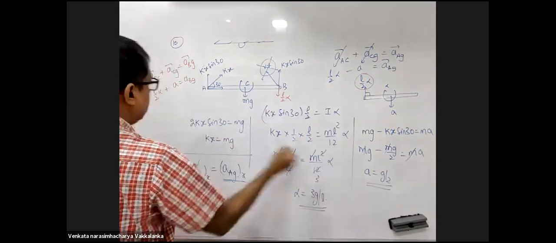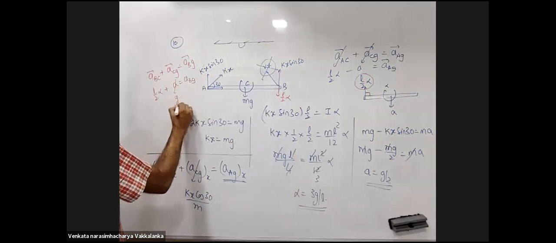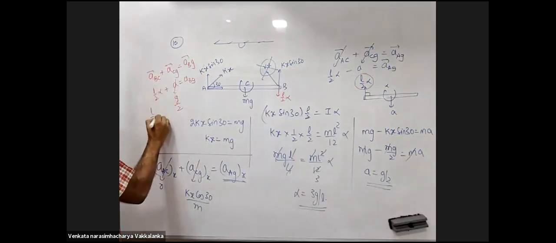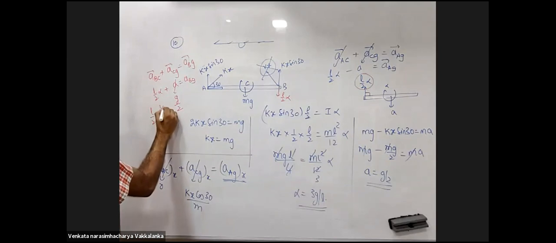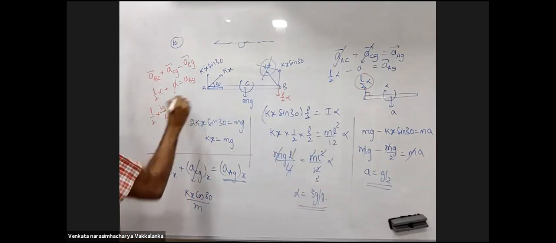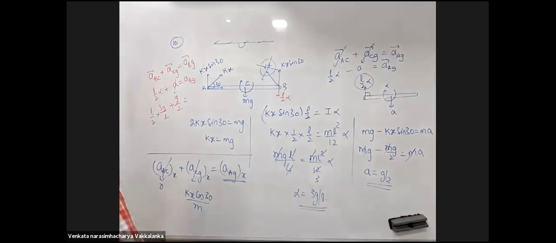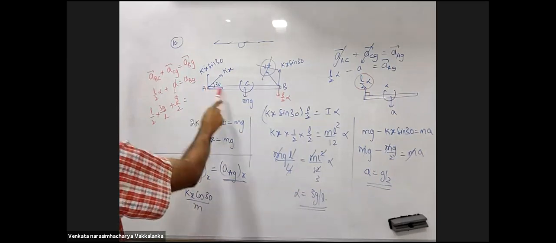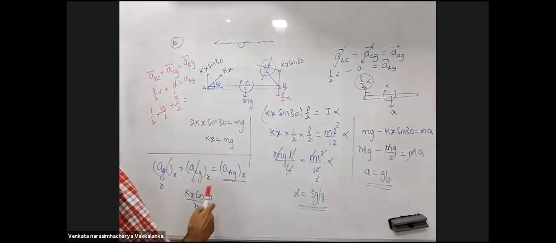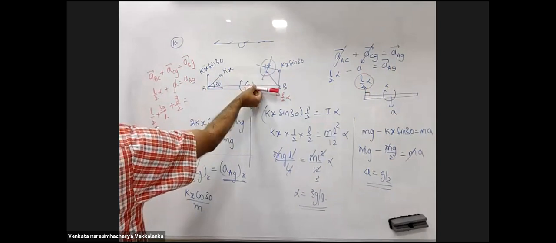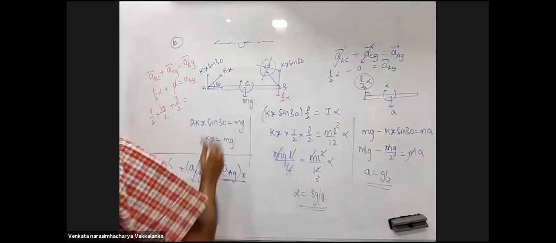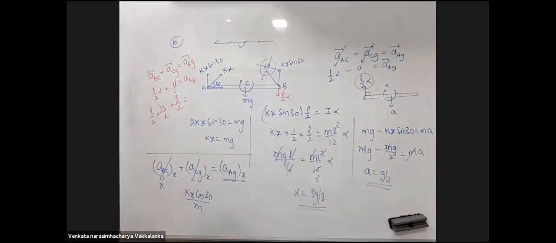A you have calculated as g by 2. This is L by 2 into alpha, which is 3g by L. Not a fair doubt. We have done for A. You are asking me for B. R alpha, here it is upwards, here it is downwards, is the only difference. Got it.